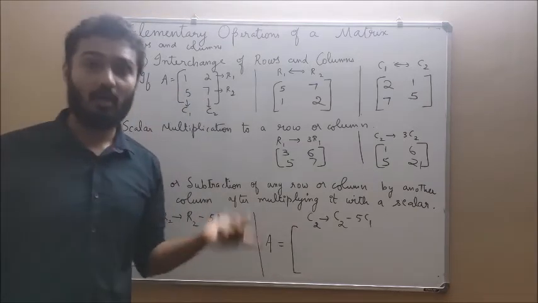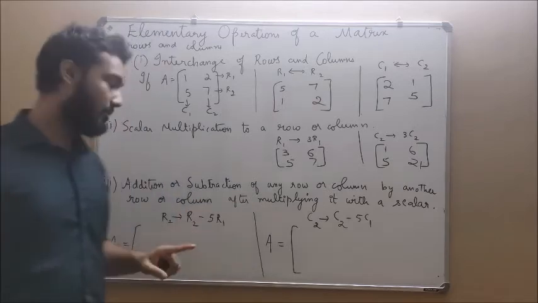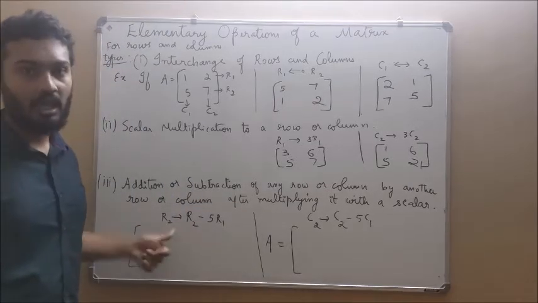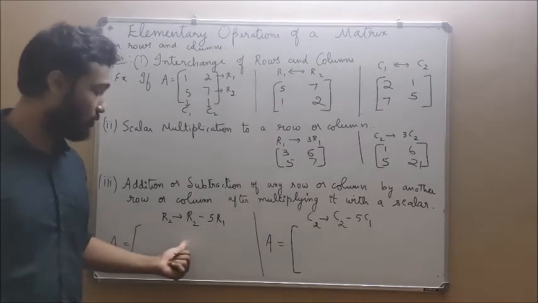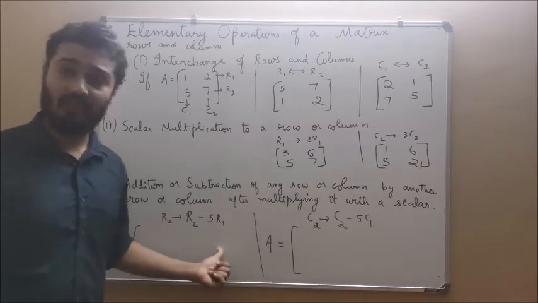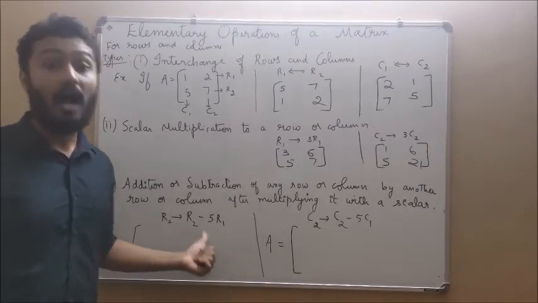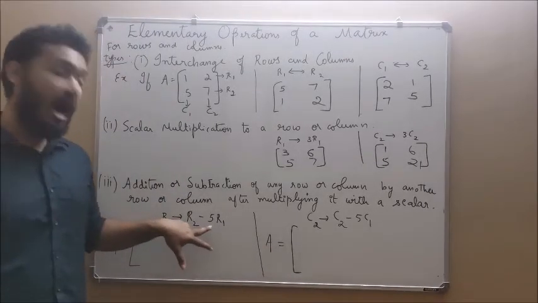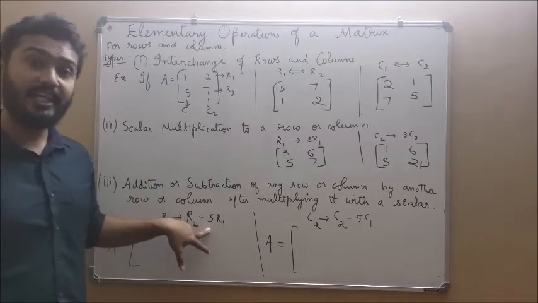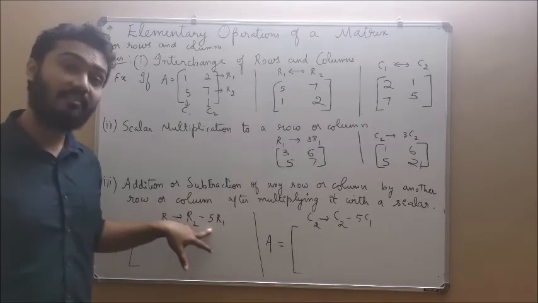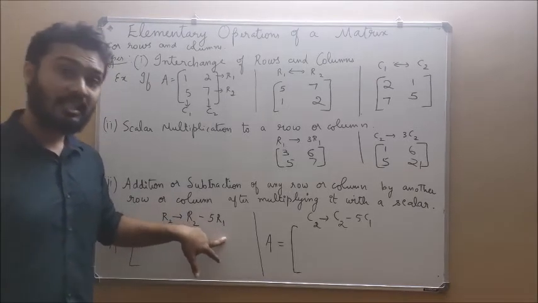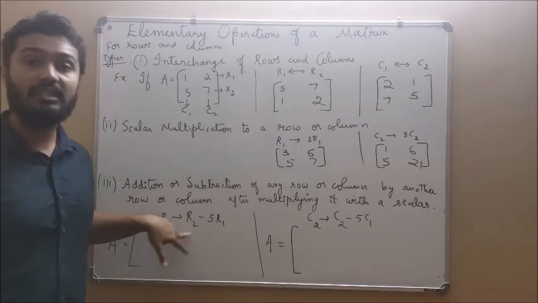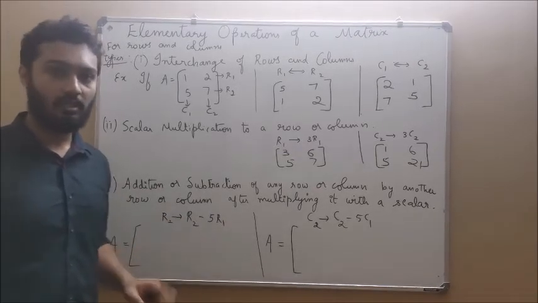We are adding or subtracting. For example, take the operation R2 changes to R2 minus 5R1. So what is that? First, I am multiplying 5 into R1. Then I am subtracting that from R2.